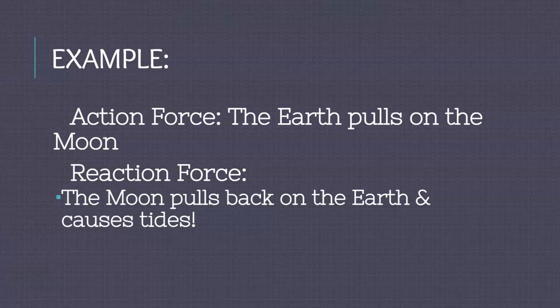So Earth pulls on the moon. The moon is a natural satellite of Earth. It stays in orbit. And then in reaction to that, the moon also pulls back on the Earth and causes the tides. So remember that our tides on Earth, high tides and low tides, are caused by the gravitational interaction between the Earth and the moon. Okay, so the Earth pulls on the moon and the moon pulls on the Earth.